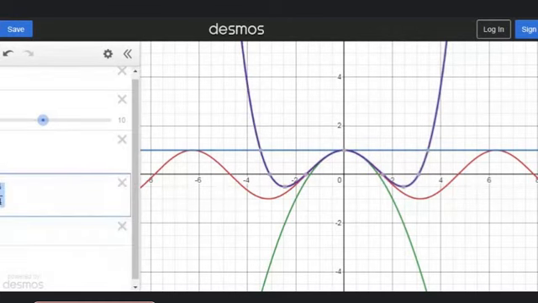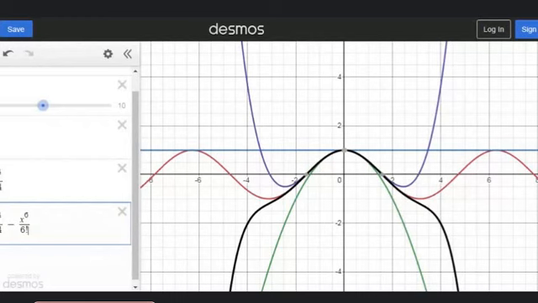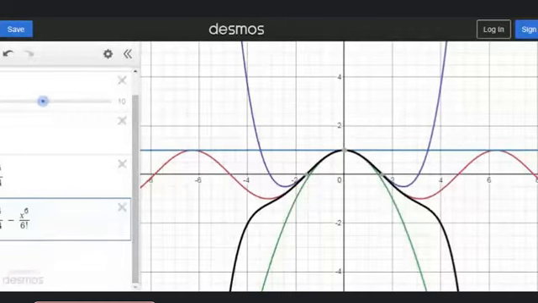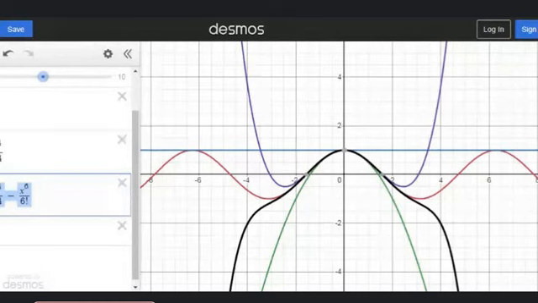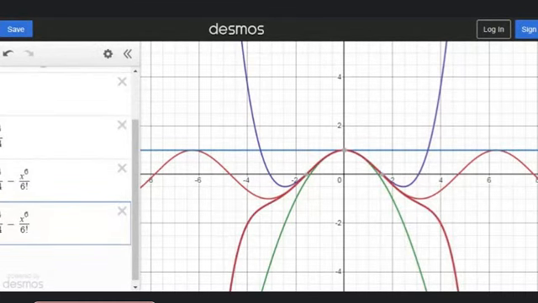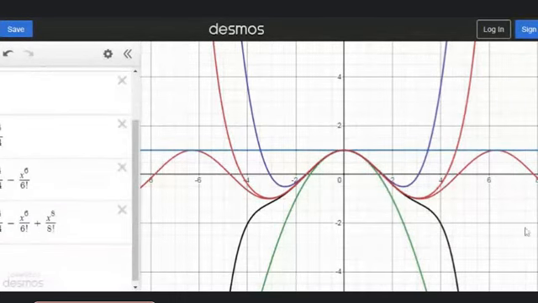Similarly, if I go for one more term, minus x to the power of 6 divided by 6 factorial, you see that as the degree becomes higher and higher, it almost agrees with the function. So this is how it looks.